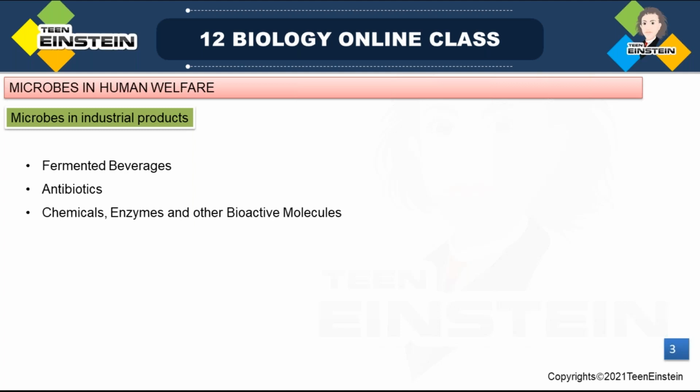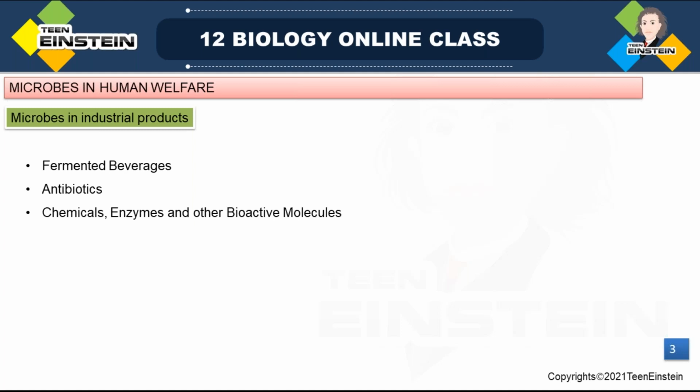So when they ask about household products, where it is useful, you need to mention batter, curd formation, dough formation, then baker's yeast as an example, then cheese making.